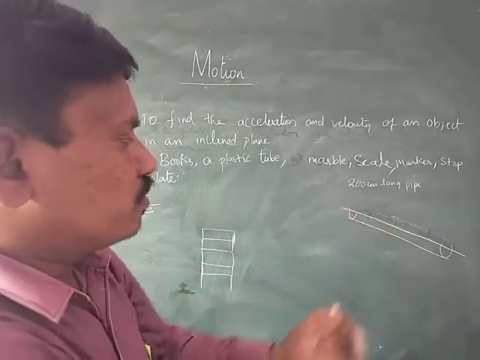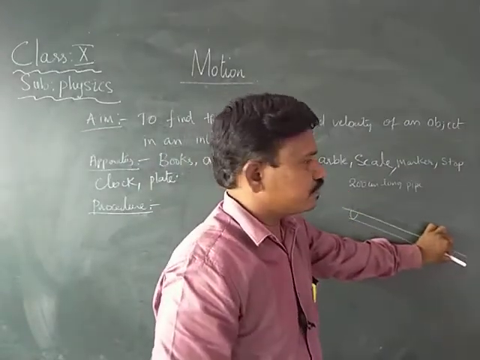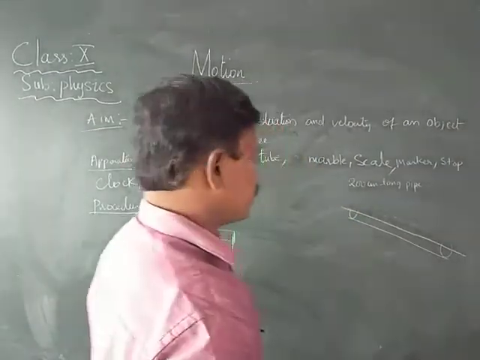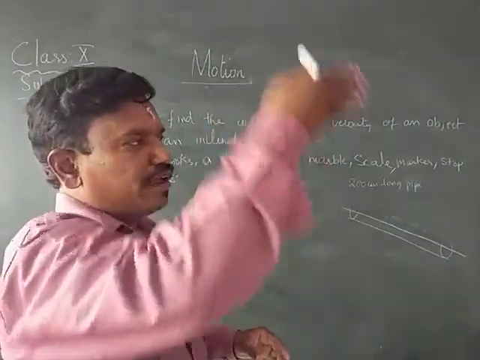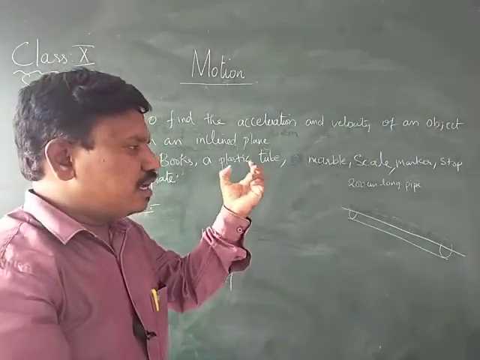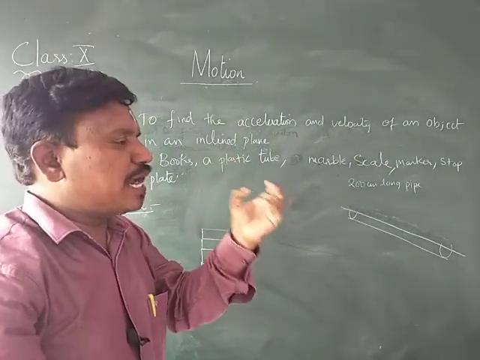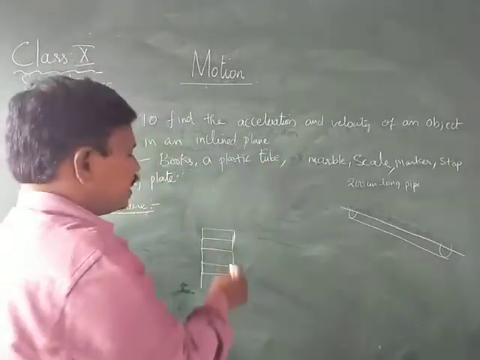Whenever I place a marble over here, it will pass through it. Like that, make the long tube into half, such that the half-shaped pipe is placed over the books in an inclined position.